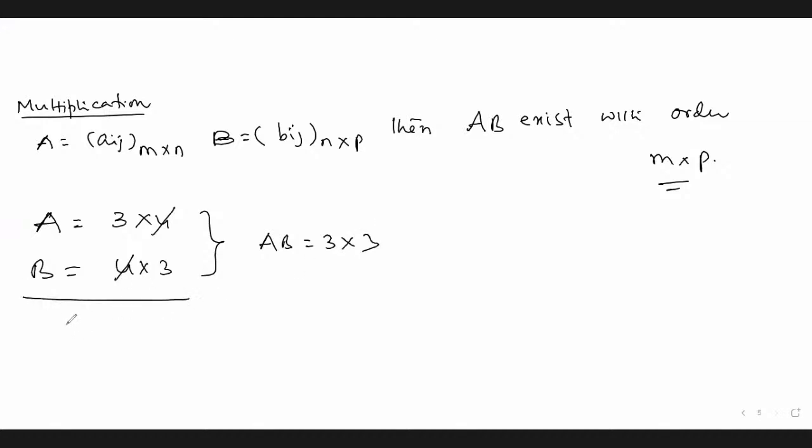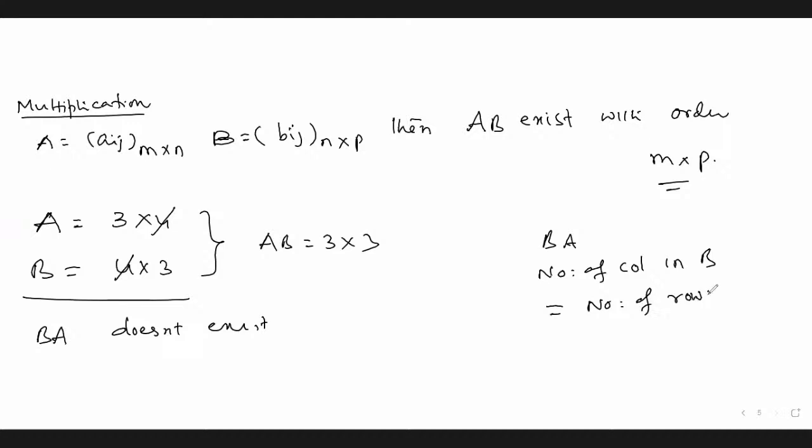Suppose for the same question, he asked you BA order. BA does not exist. Why? Because if you want BA to exist, the number of columns in capital B should be equal to the number of rows in A. Then only BA exists.